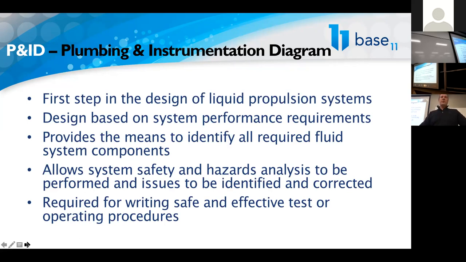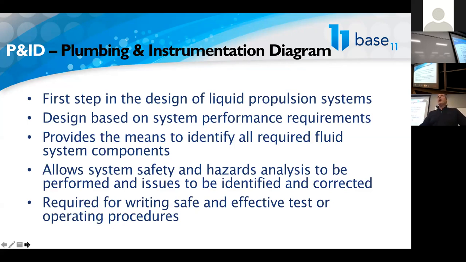It's going to tell you how you get the propellants or the gases, the fluids from point A to point B in your system. You're going to lay out your fluid system components based on what your system performance requirements are, whether or not you need to control pressures, control flows, etc. Once you design your plumbing and instrumentation diagram, it's going to give you a structured way to identify all of the different fluid system components in your system, okay?